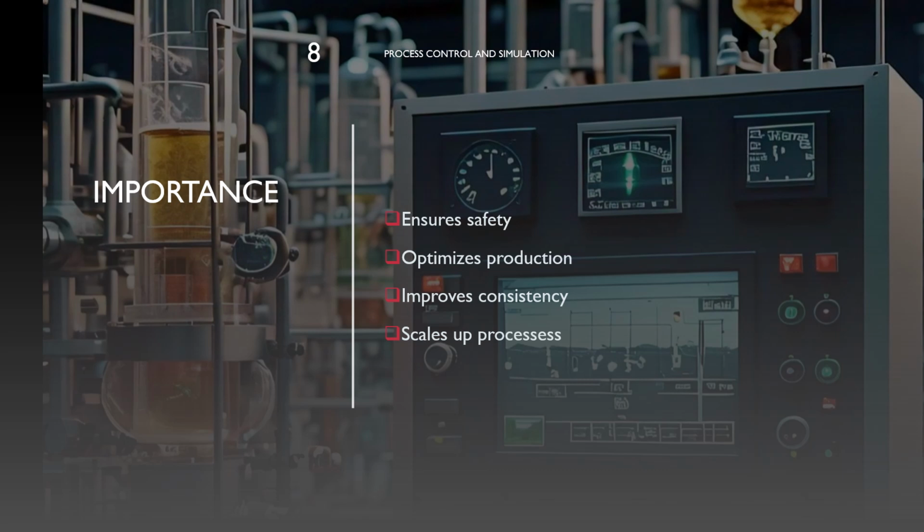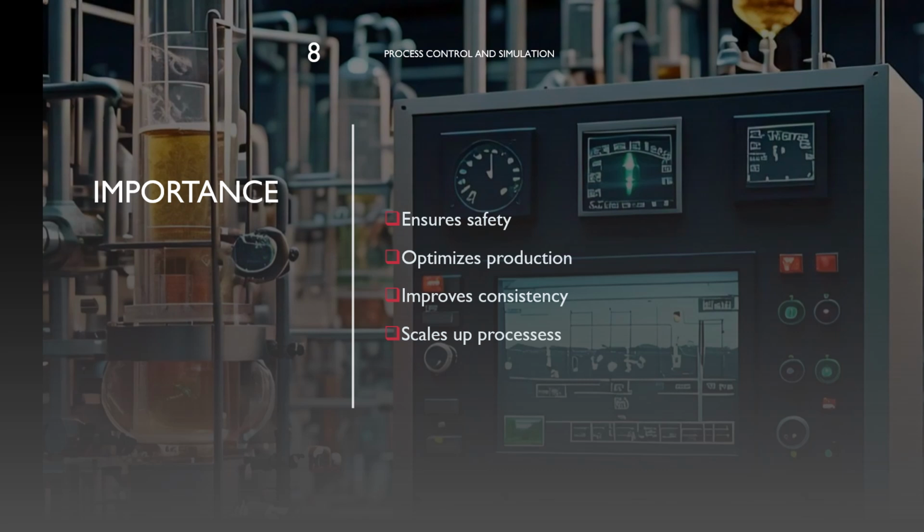So now, what is the importance of process control and simulation? It ensures safety, optimizes production, improves consistency, scales up processes. Let's say you want to produce ammonia, for example. Via process control, you are able to avoid some hazards.